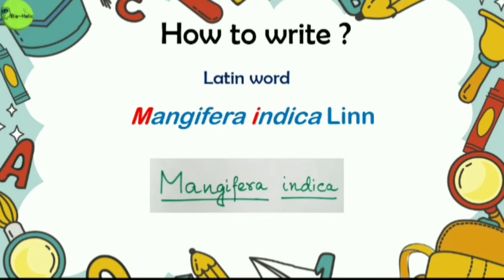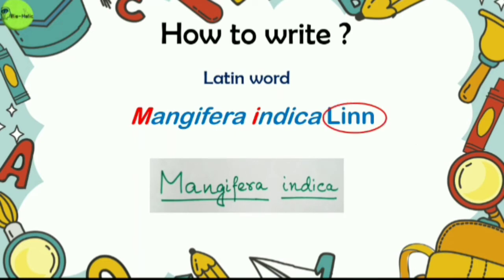So in the whole binomial name, only one letter will be in capital, and that is the first letter of the generic name. Understood? Now, sometimes the name of the author should also be mentioned at the end of the name, just like this.